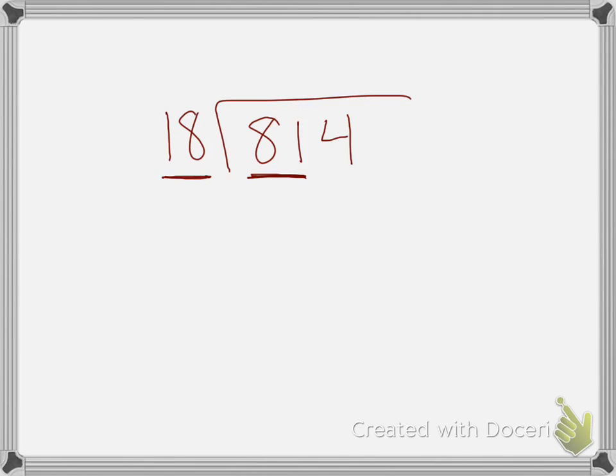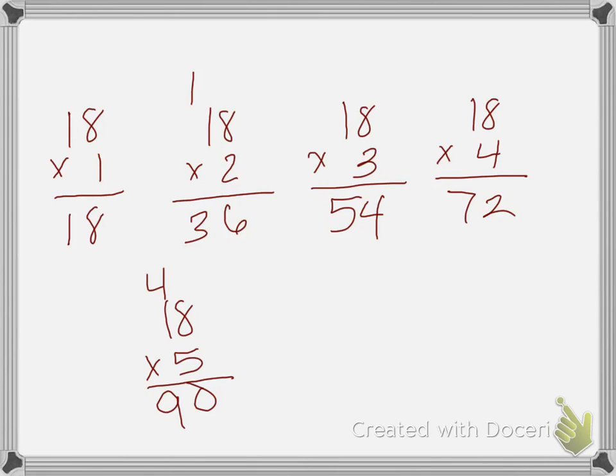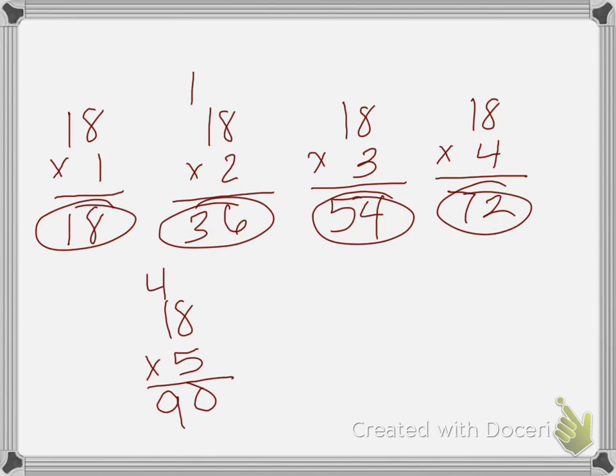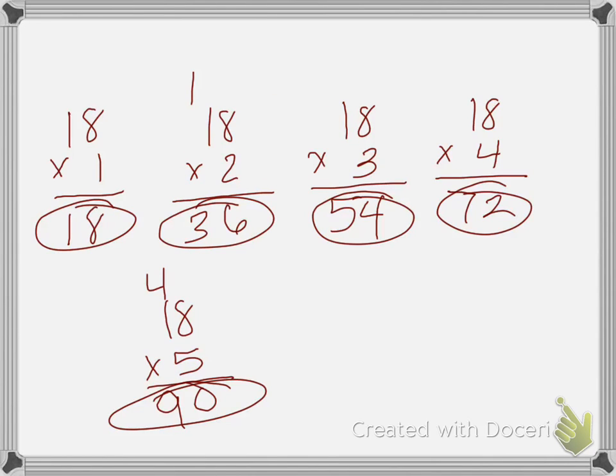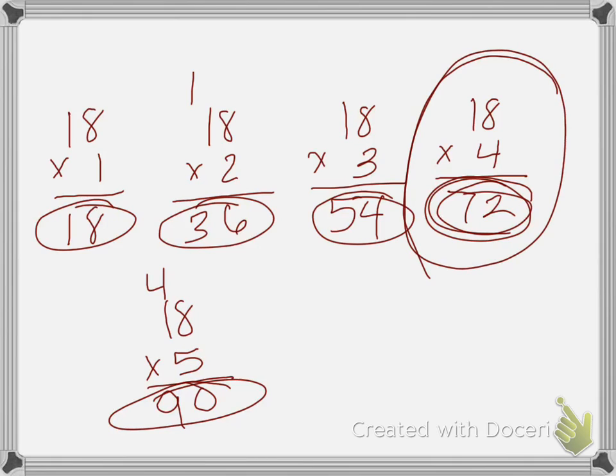So how many times does it go into 81? Well, I am not exactly sure, so I need to figure out my multiples of 18. So over here, I figured out that my multiples of 18 are 18, 36, 54, 72, and 90. Which one of those are closest to 81 but not over 81? 72. So we need to use this problem right here.